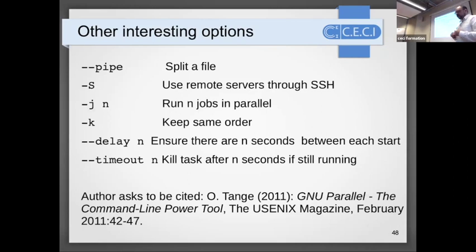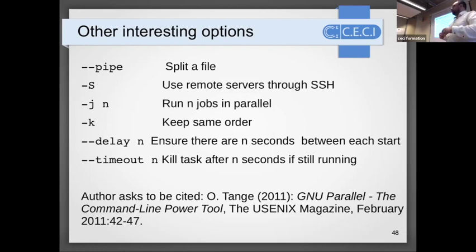GNU Parallel also has a /5 option to split a file, just like when we use the split command. We can specify remote servers with -S, capital S. So if you are working not on a cluster, but on your laptop and your workstation, you can say, okay, run on my laptop, but also on the workstation.